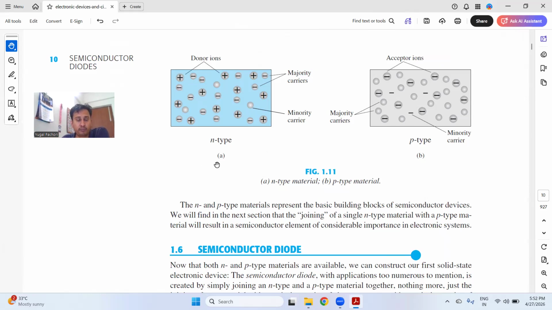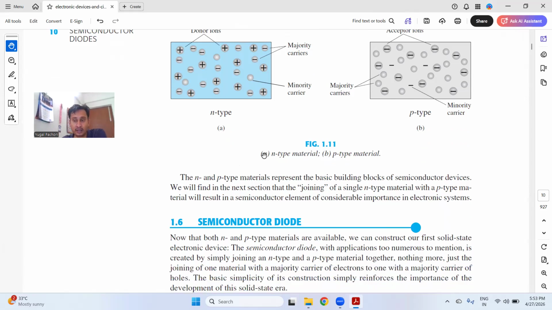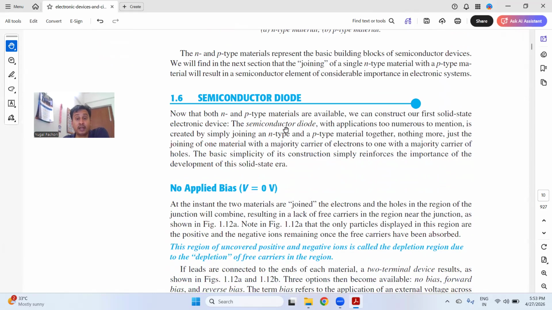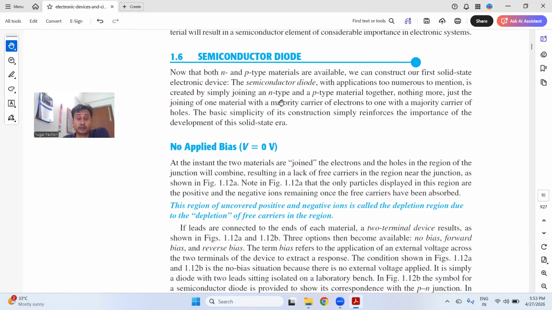Half part is doped with trivalent impurity, so it will become p-type, and the other half is doped with pentavalent impurity, so it will become n-type. Then there will be a formation of a device.